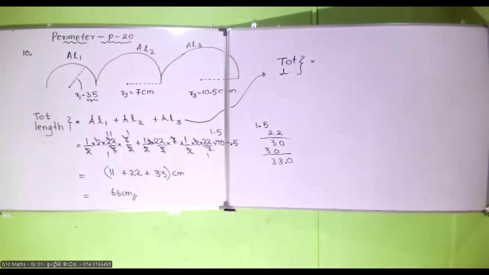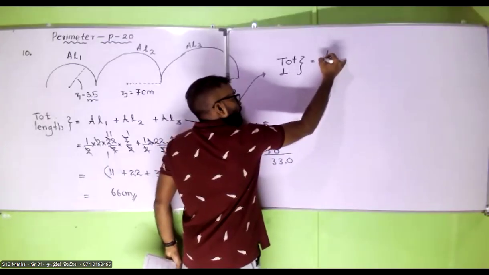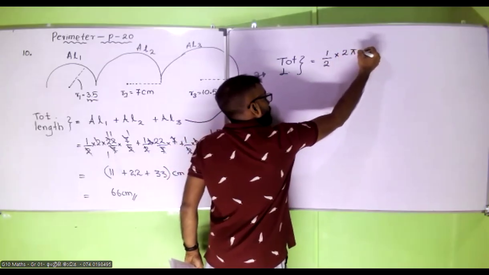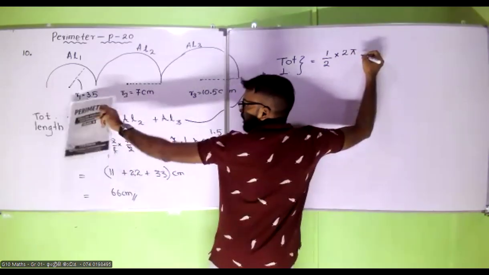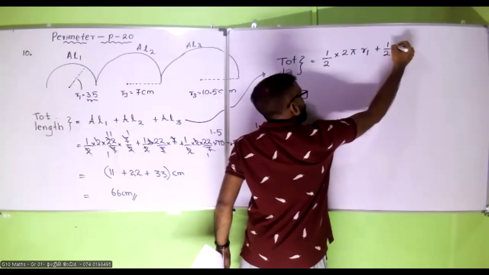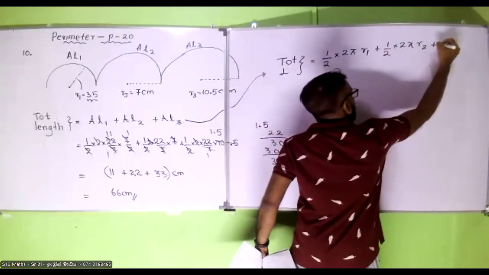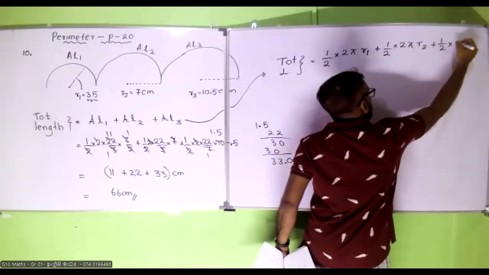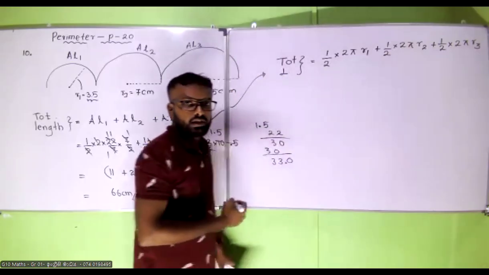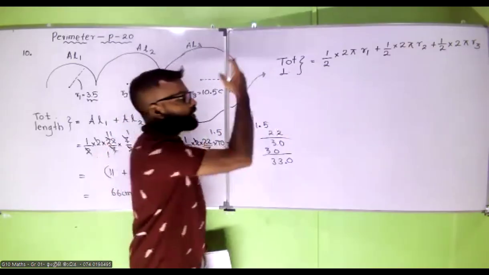So normally half into 2 pi, the only changing thing is R1, plus half into 2 pi R2, plus half into 2 pi R3. So now the common terms are half 2 pi. Take them out.